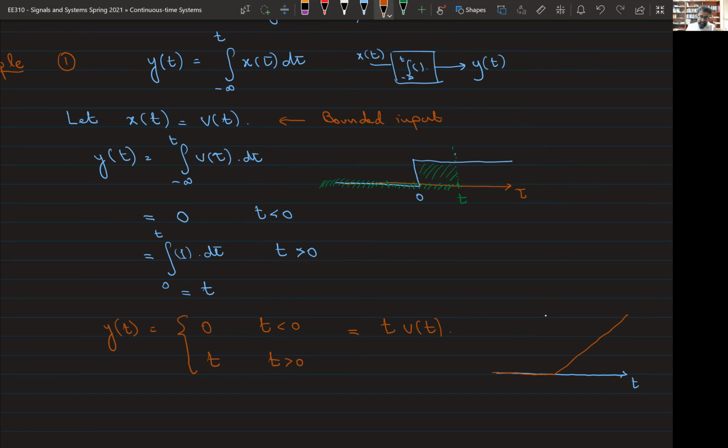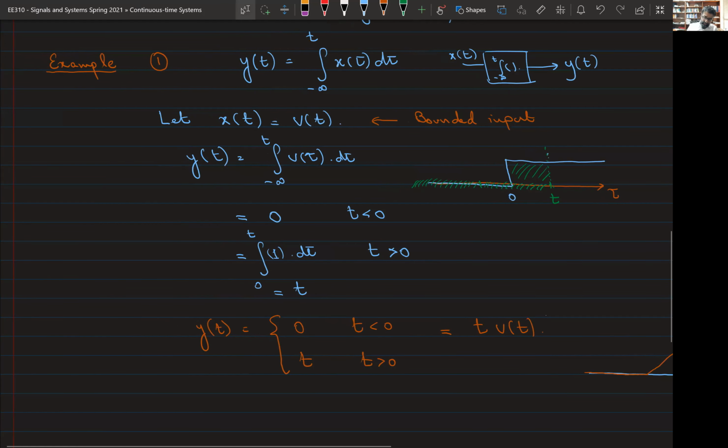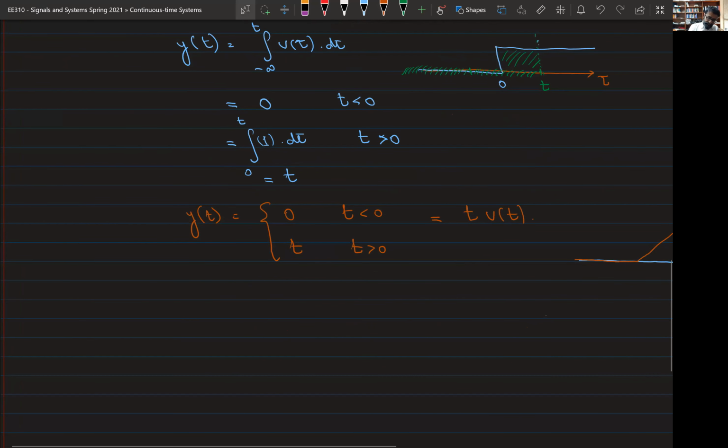So what we've been able to show is that for this system, we have shown the existence of a bounded input that results in an unbounded output.